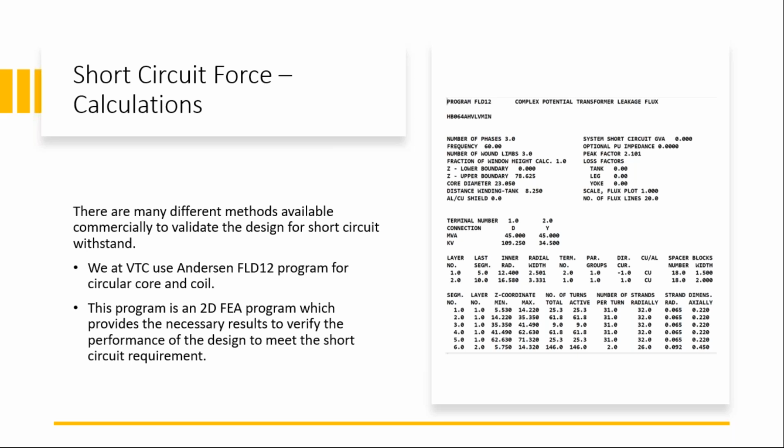So we have to do both three-phase and single-phase short circuit force calculations. These calculations give us the extreme force, and we make sure that our clamping forces are higher than the worst case scenario short circuit. That tells us that our design will withstand in the event of any fault.